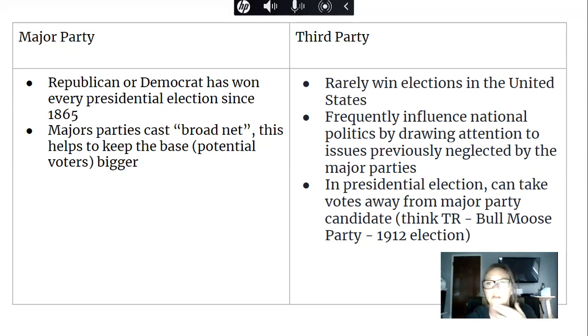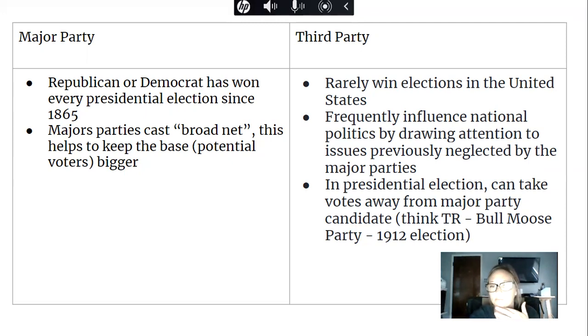The other thing about third parties is when someone is a popular third party candidate, although they don't win presidential elections, what they end up doing is pulling voters from one of those two major parties. And so our good example here is going to be Teddy Roosevelt in the 1912 election. He creates the Bull Moose Party. So he had already been the president for 2 terms. He takes 1 term off. He decides to run again, but the Republican nomination was not available.